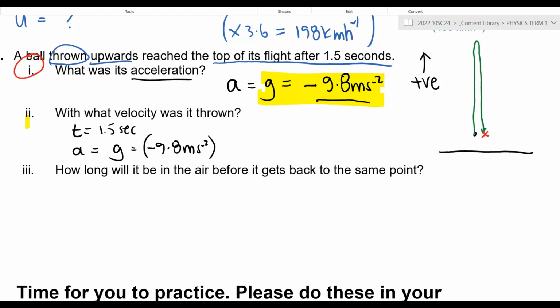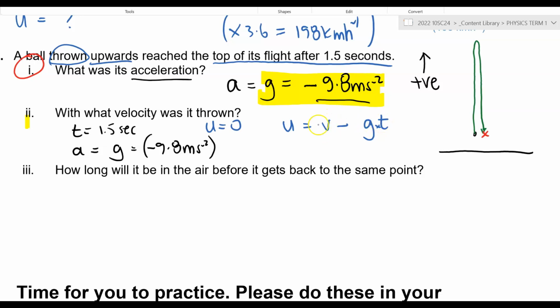With what velocity was it thrown? All we know is t and a. But what we're trying to find, of course, is the initial velocity. If we go u is v take a t, remember a is gravity, times t. We know g, we know t.